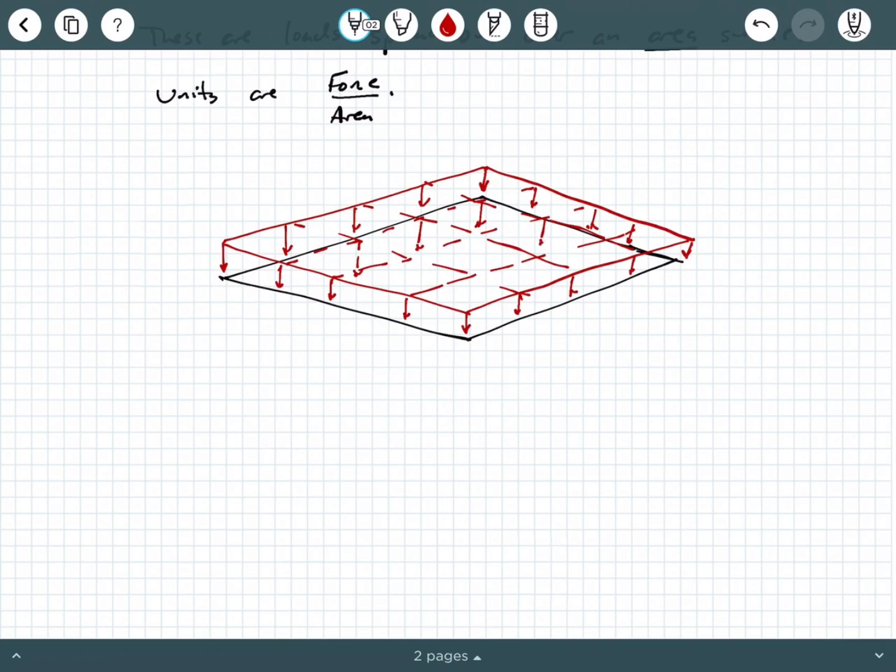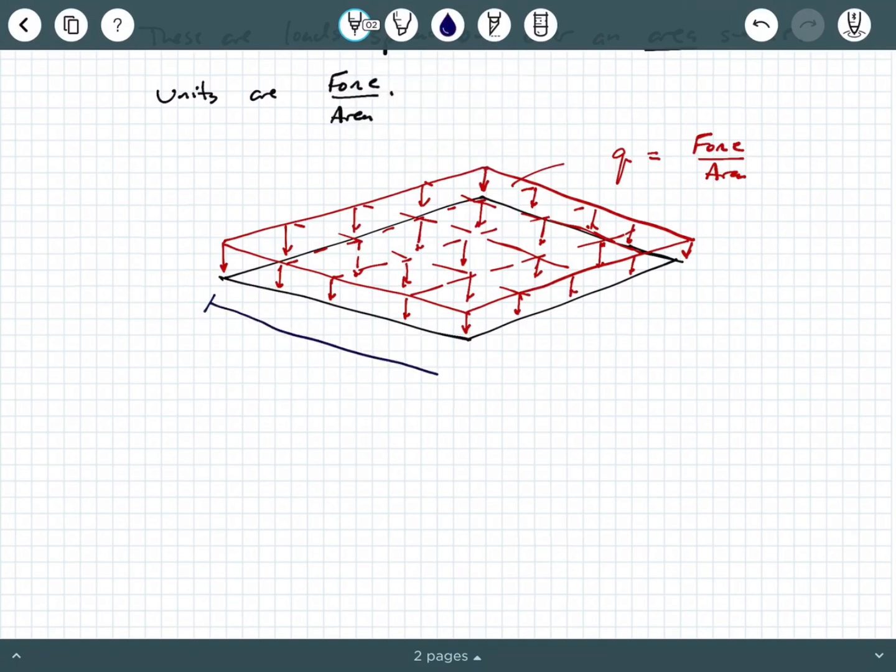So another way I'm trying to draw it here is almost like a grid pattern where this load again is spread out throughout this entire surface. And I'm going to call this Q, and I'm going to say Q is equal to force over area. Okay. Now, what is the area?